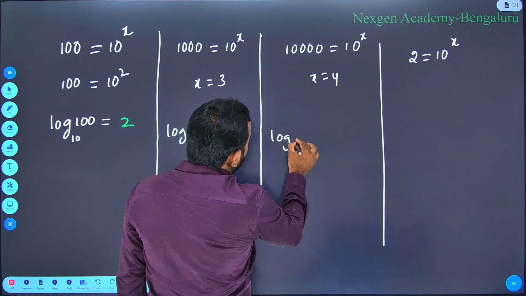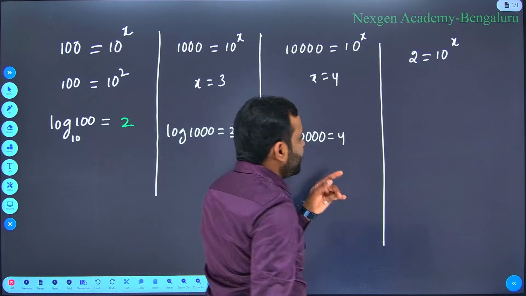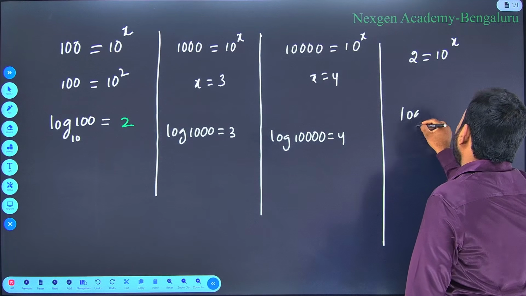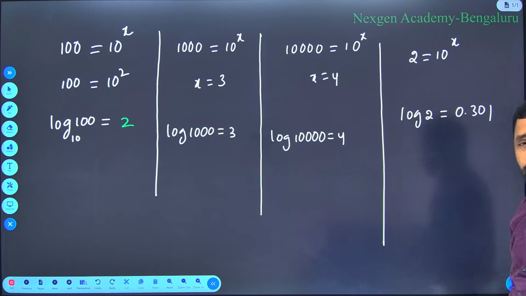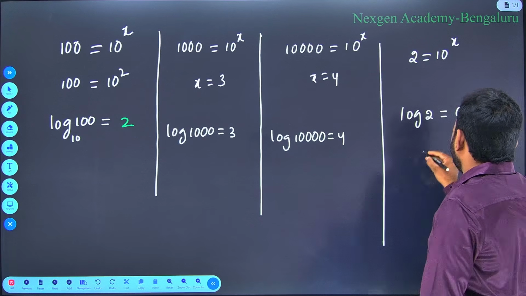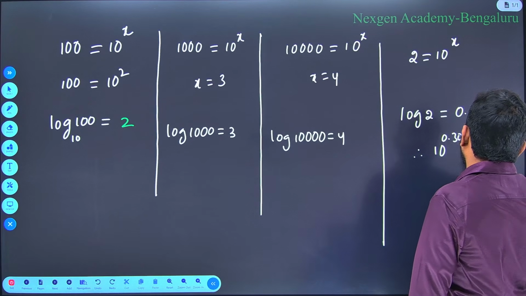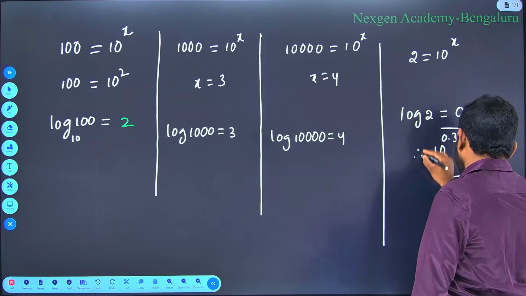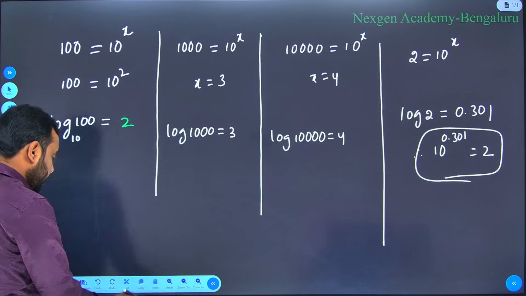Log 10,000 is equal to 4. Same way, log 2 is equal to what? 0.301. That means 10 to the power of 0.301 is 2. So try to understand the interlink between one another.